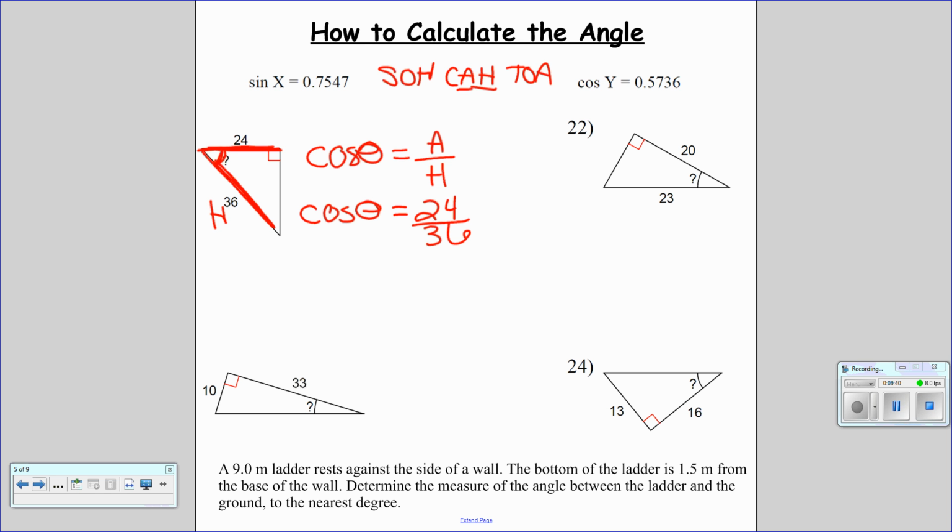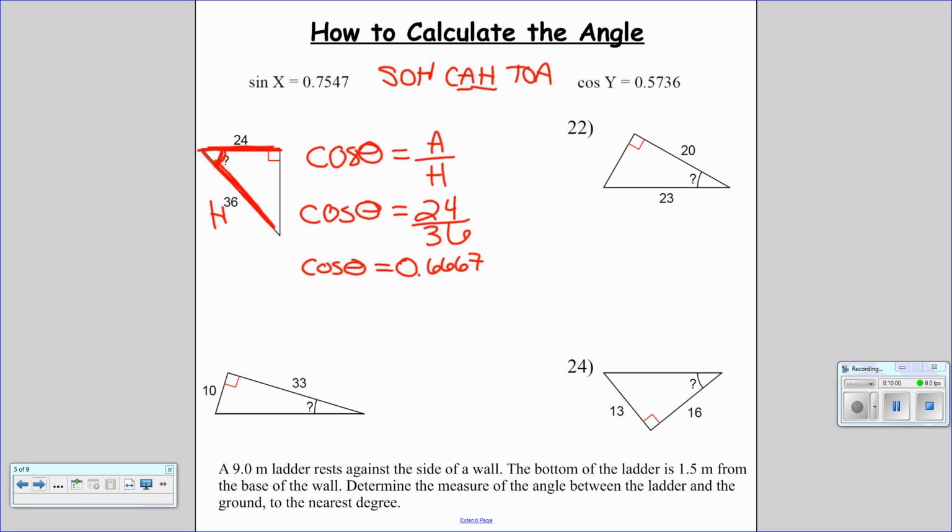So if you end up with a number greater than 1, chances are you're upside down. All right, so 24 divided by 36 is equal to 0.6666. Okay? So I'm going to round it to 0.6667. Okay, that's cosine of my angle.